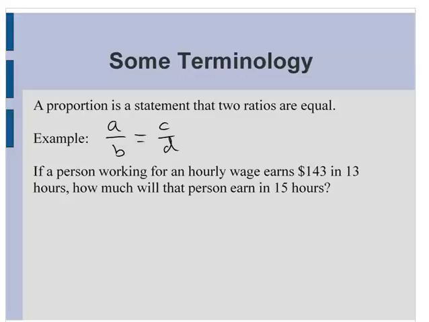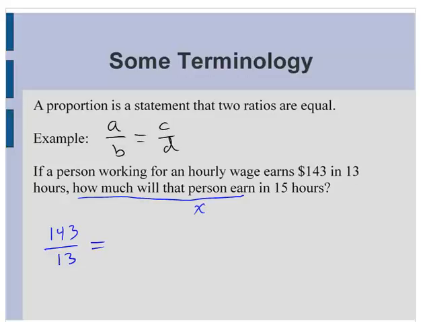So, for example, if we saw a problem like, if a person working for an hourly wage earns $143 in 13 hours, how much will that person earn in 15 hours? Let's call that our X. So what we could say is 143 is to 13 as X is to 15.